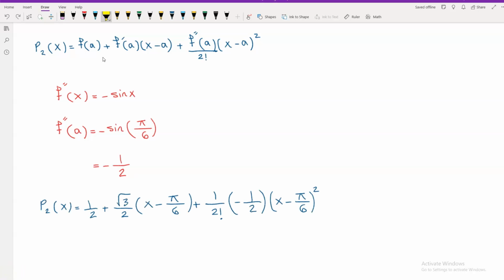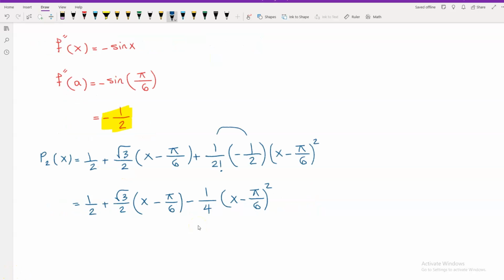So now, based on what we have here, P_2 is equal to f of a, which is 1 over 2 from the first part, and then add the first derivative, which was equal to square root of 3 over 2, multiplied by (x minus pi over 6), plus here we have 2 factorial, so 1 over 2 factorial multiplied by the second derivative from this part, negative 1 over 2, multiplied by (x minus pi over 6), and then the power is 2.